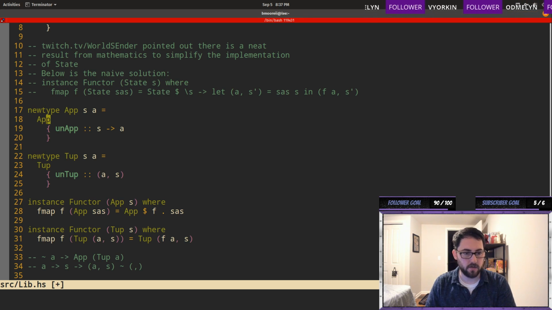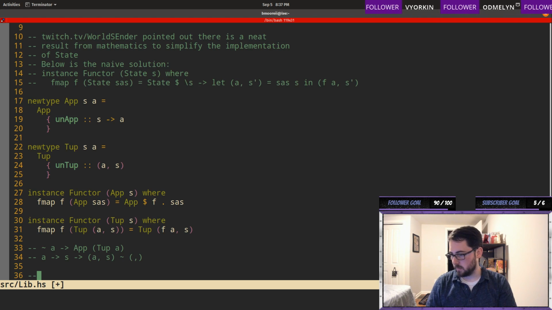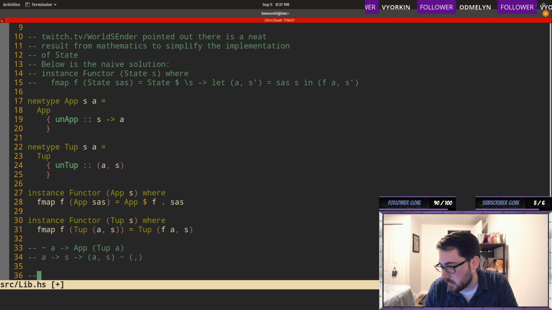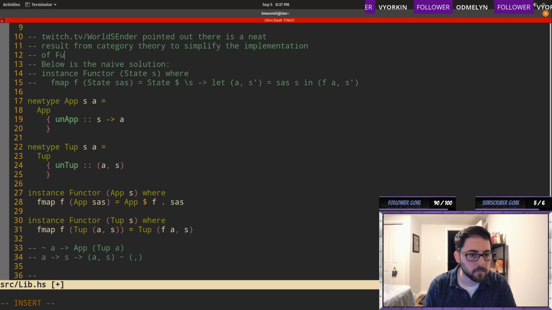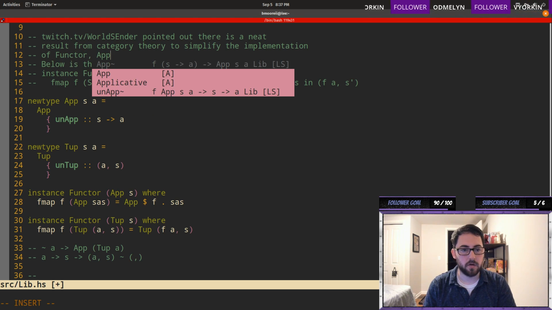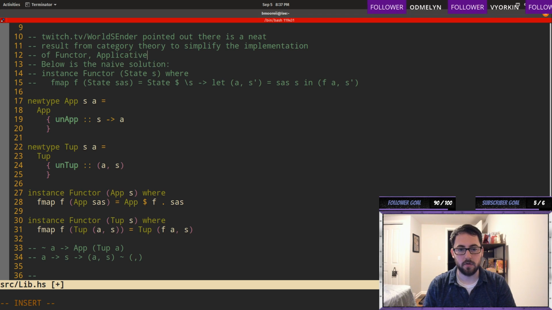So there's a naive solution. Okay. There's a neat result from category theory to simplify the implementation of functor, applicative, and monad.